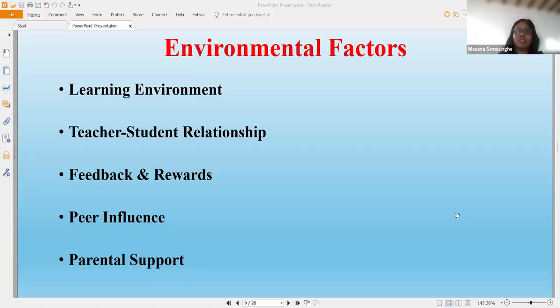Positive peers, meaning friends, encourage each other, work together, and share ideas. They can increase motivation and build up confidence. However, negative peers can influence or discourage studies. And parental support, no need of talking about that much. You know that parental support affects learning.